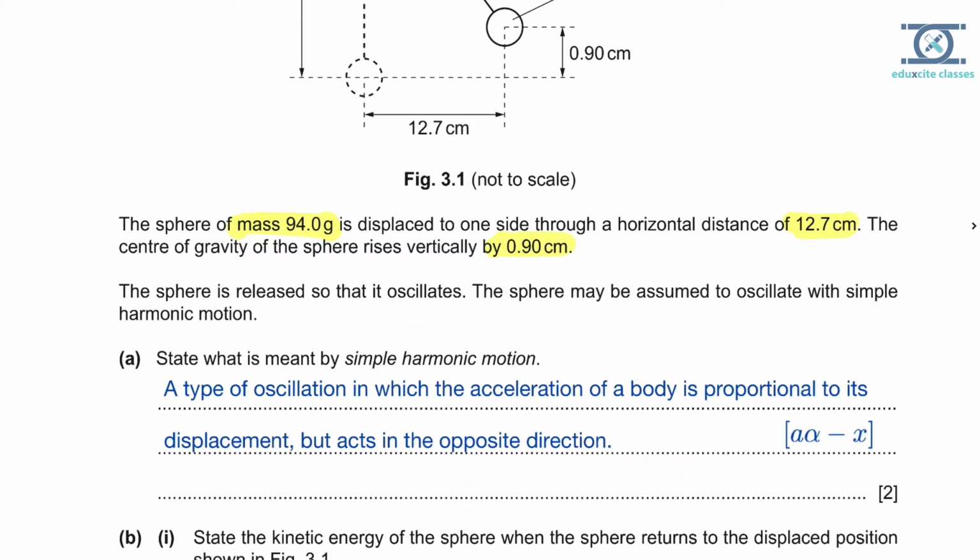So displacement is in this direction, and the acceleration is in this direction. They always act in the opposite direction. That is the important concept. This is 2 marks: 1 mark for proportional to its displacement and 1 mark for the opposite direction. Here's the expression: a is directly proportional to minus x, where x is the displacement and a is the acceleration.